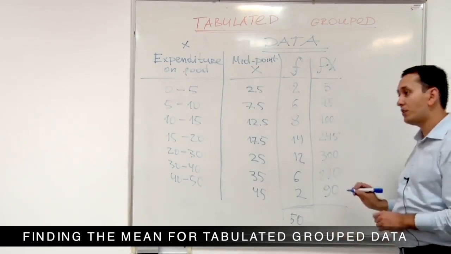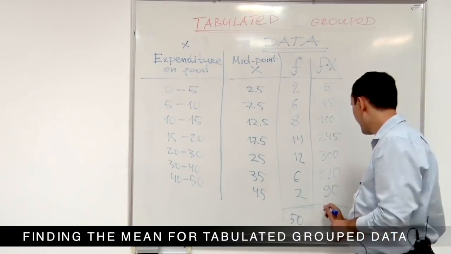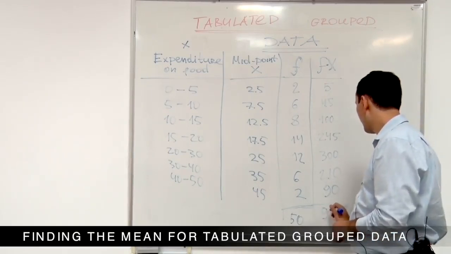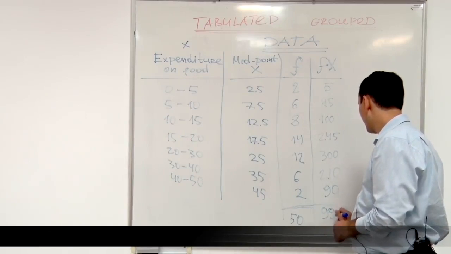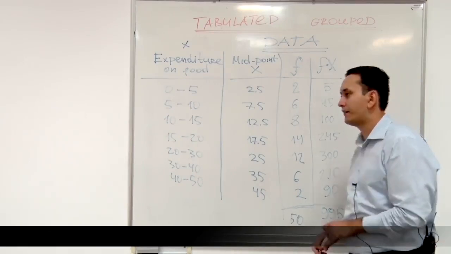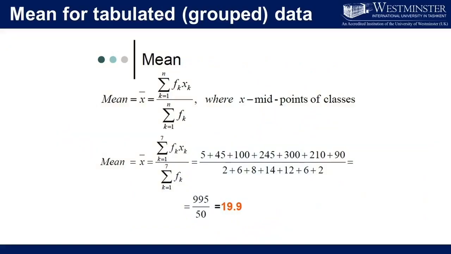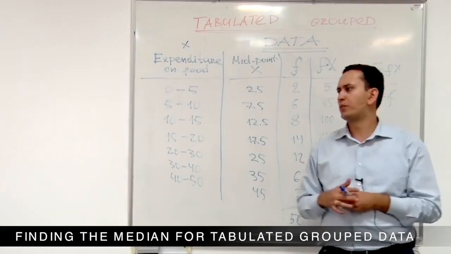And we add up all these numbers and get 995. So again, the formula for this mean is sum of fx divided by sum of f. The same formula that we used in the previous example of ungrouped data.